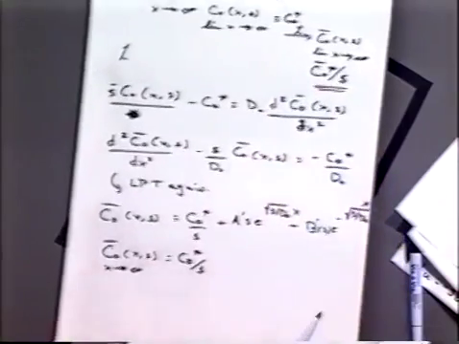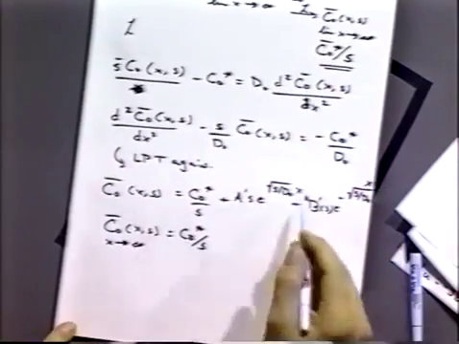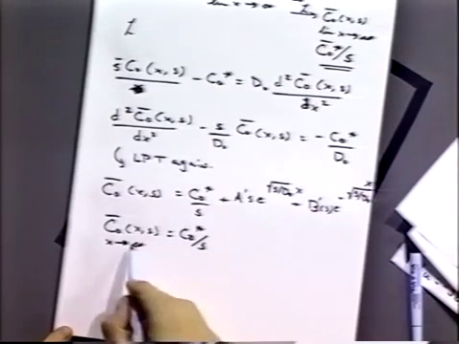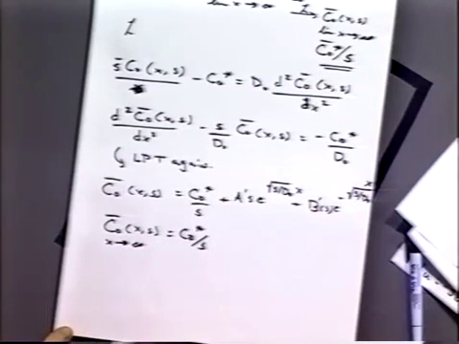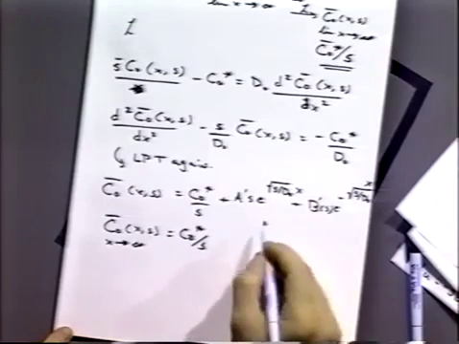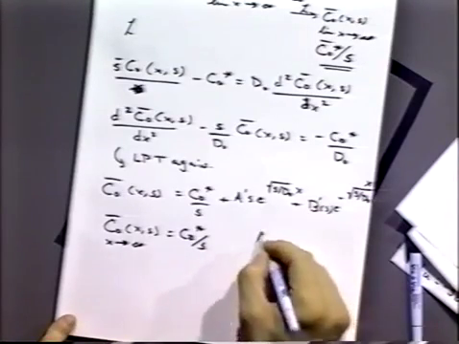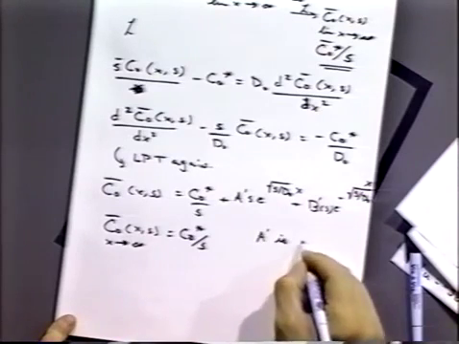We've already shown that. So if we put that in for large values of x, we see that in order for that to hold, we have to make sure that A prime is 0.